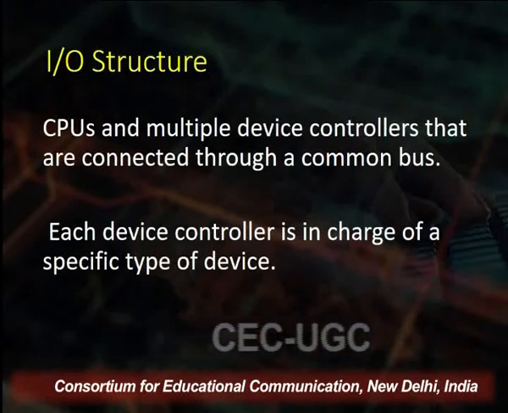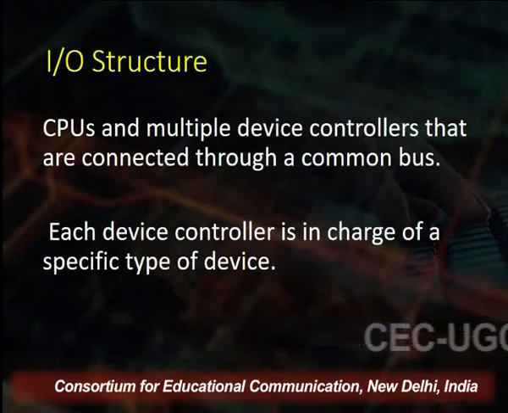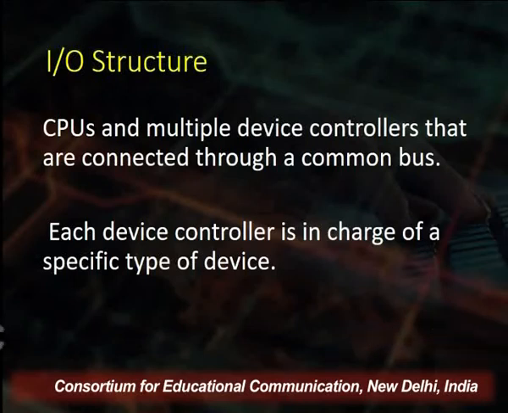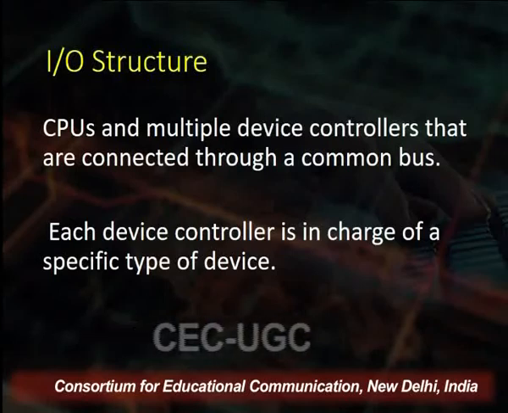So there is the CPU, there are devices, and corresponding to devices we have device controllers. These controllers are connected through a common bus, and each device controller is in charge of a specific type of device.